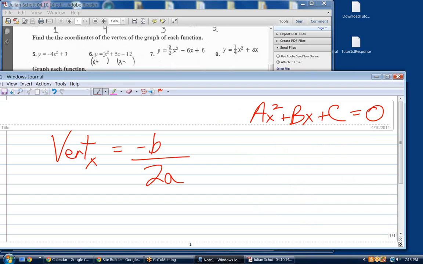So for this equation, they've got it in standard form. What's a? It's the coefficient of x squared. It's 1. It's not written, but when it's not written, you note it to be 1.